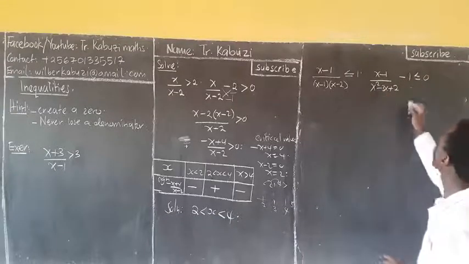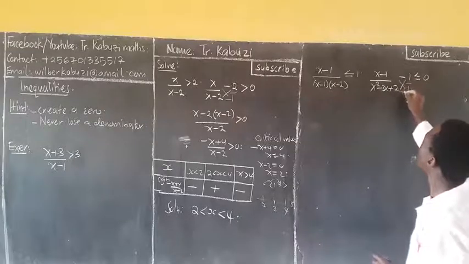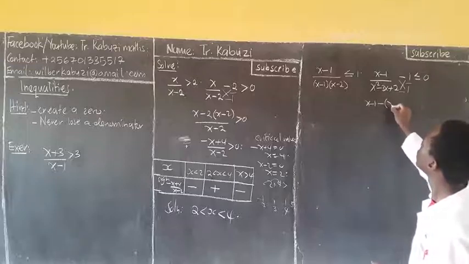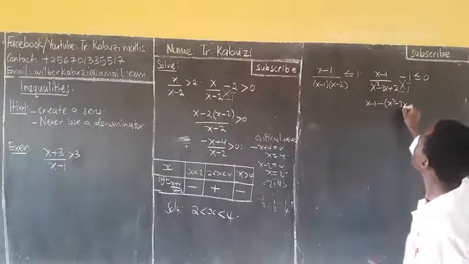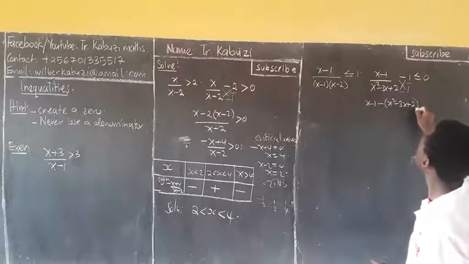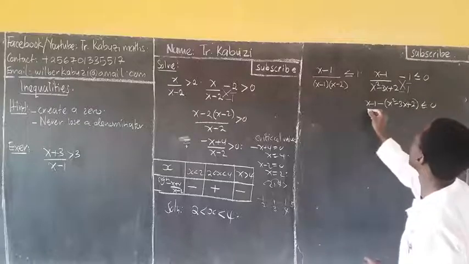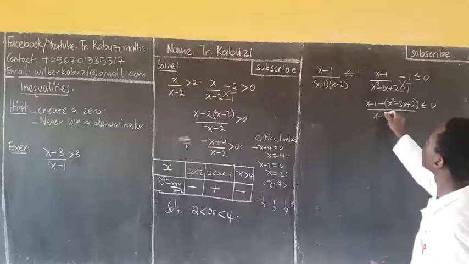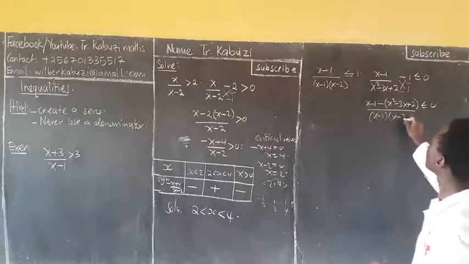Now, from here, of course, multiply. We are in x minus 1, then minus into x squared minus 3x plus 2 less or equal to 0. The whole thing over x minus 1 into x minus 2.